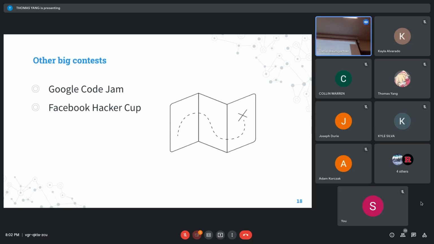People outside of college also compete in these, so it doesn't just end after ICPC. There are lots of ways to keep doing it, and this is also another good way to practice. The problems are interesting, and it's good practice.